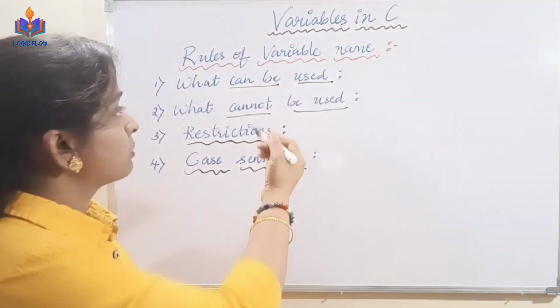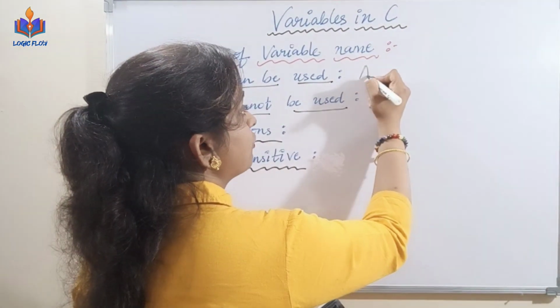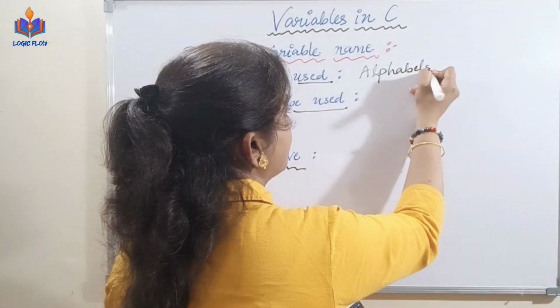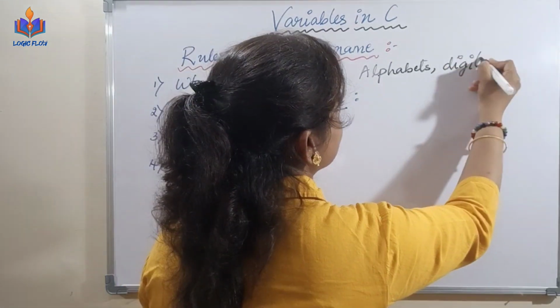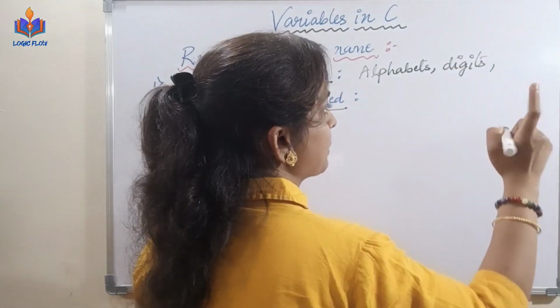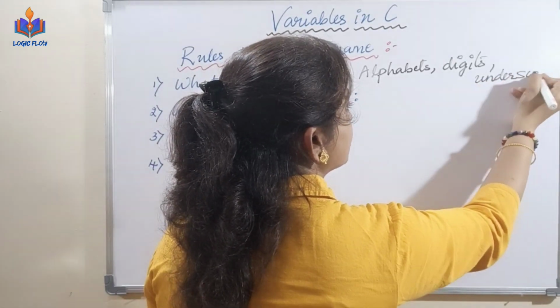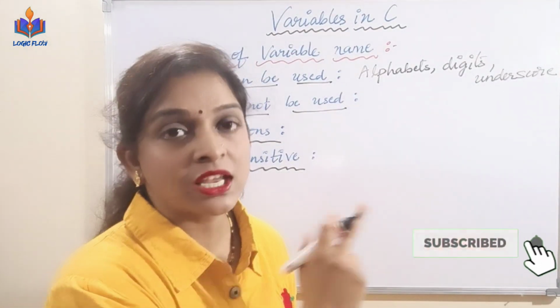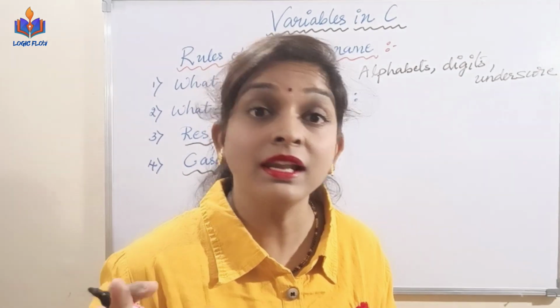What I can use to have a variable name: I can make use of alphabets, I can make use of digits, and the only allowed special symbol, which is underscore.